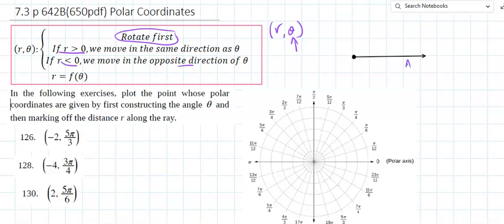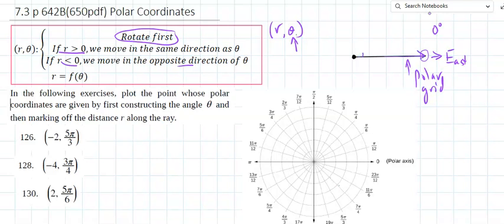Recall the polar grid. The polar grid consists of a positive x-axis, but it's a ray, meaning it has direction already. You're already pointing in the positive x direction, or you're already pointing east. If you talk about 0 degrees, you're already pointing in this direction.